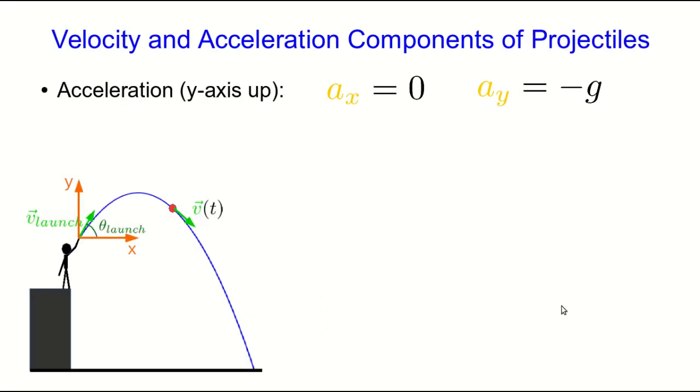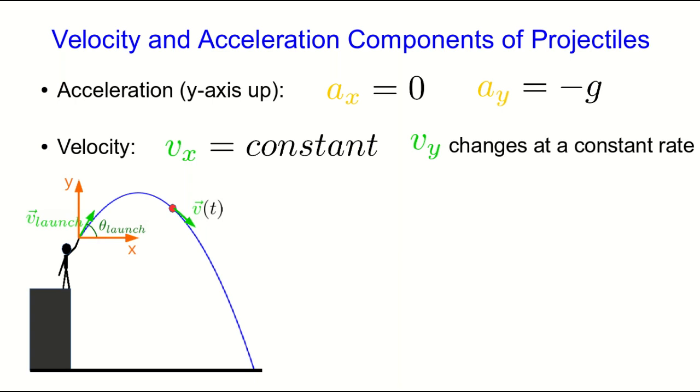So now we know our acceleration components, and they tell us that the x component of the velocity must be constant, right? Because the x component of the acceleration is 0, and the y component of acceleration will have no effect on the x component of velocity. Similarly, it tells us that our y component of velocity changes at a constant rate, because ay is a constant.